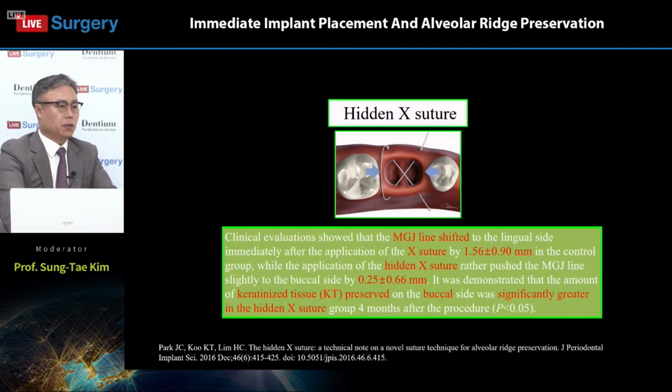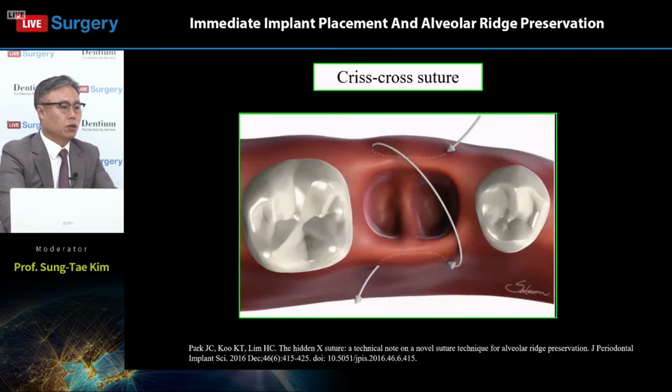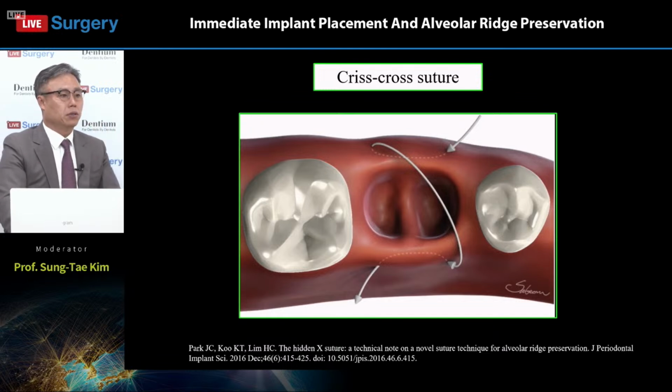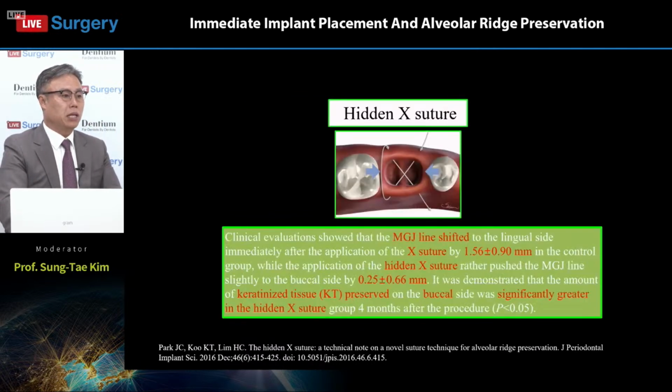Despite this advantage, for convenience, sometimes we can choose the X suture or crisscross suture to minimize the loss of bone graft particles. But for maintaining the buccal dimension, I think the hidden X suture has some advantage.